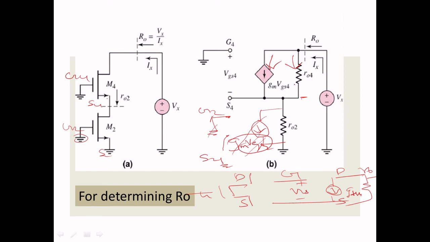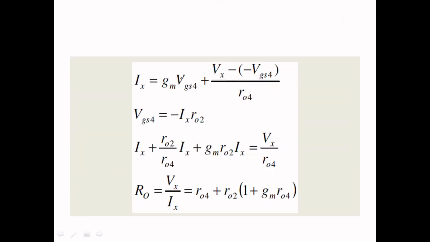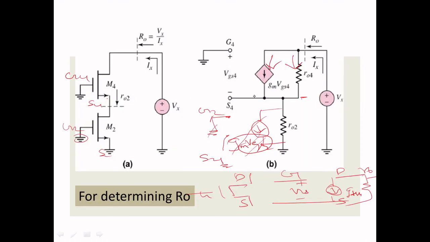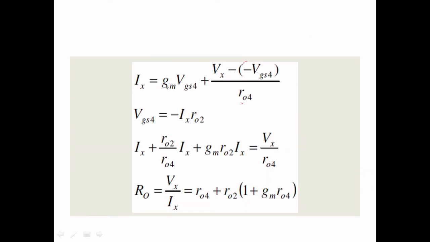Why the minus? Because you are looking for the negative terminal, that's why minus VGS4 is coming. So Ix equal to gm VGS4 plus Vx minus of minus VGS4 divided by r04.